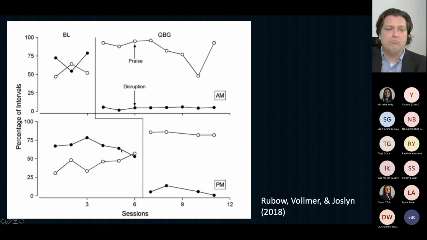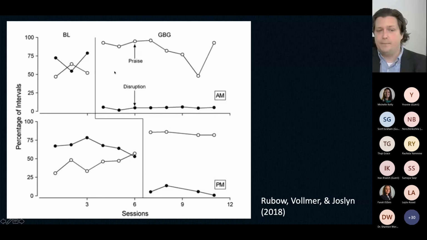So about 60 or 70% of the time, a student was engaging in disruptive behavior. Then when the good behavior game is implemented, you see this characteristic effect of the good behavior game where student disruption goes all the way down. It's very, very low, and some days it doesn't happen at all in both of these panels.